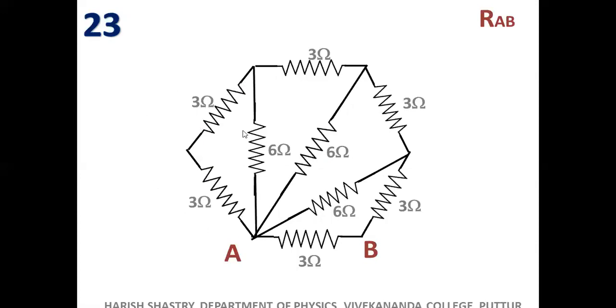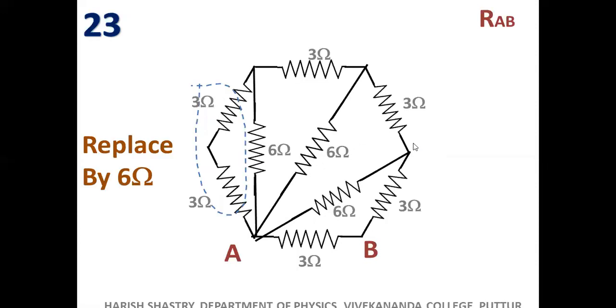There is no problem in shifting this 3 ohm and 3 ohm in series, isn't it? These two resistors of 3 ohm can be replaced. No problem in replacing them, because they are independently in series. But whereas this 6 and 3 are not in series, because there is a connection. Here, no such issues. So can I replace this 3 and 3 as 3 plus 3 and connect between these two ends?